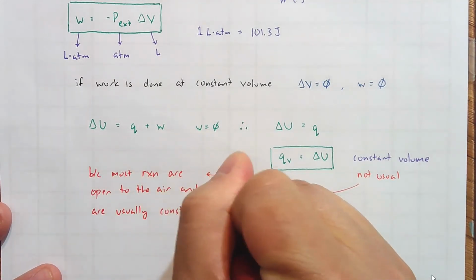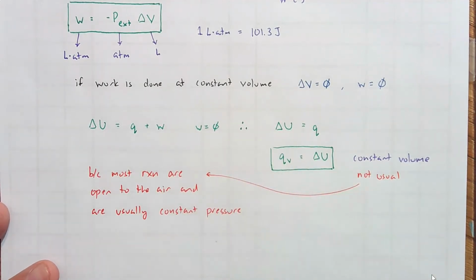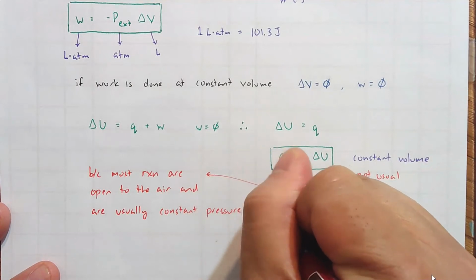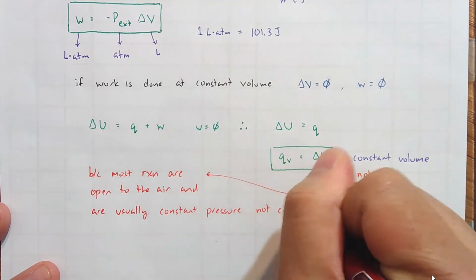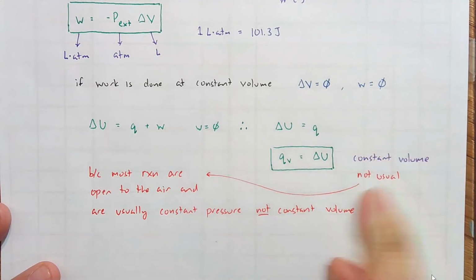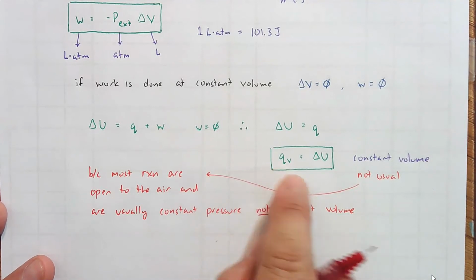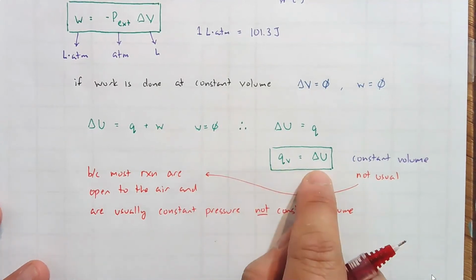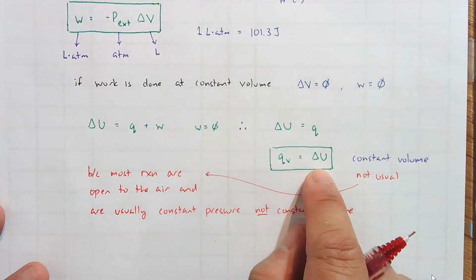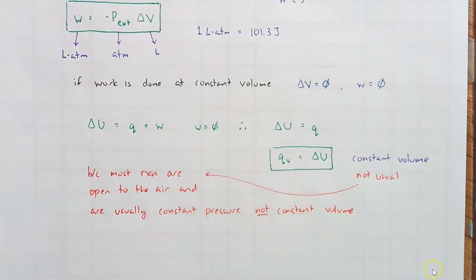Constant pressure, whatever the atmospheric pressure may be in the lab, not constant volume. So while this is important to know, the Q, the heat, at a constant volume is equal to the internal energy. In most reactions, we're not going to have this situation, okay?